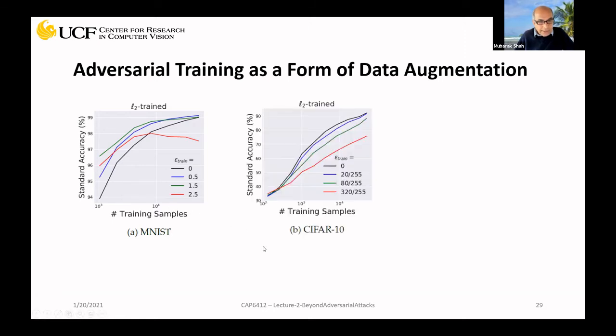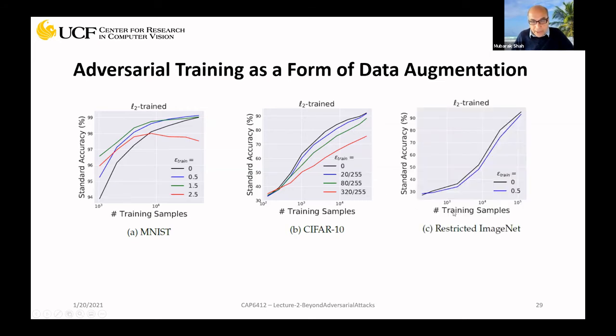This is another example, CIFAR-10. Again, the black one is the standard classifier, and these other ones are the robust classifiers with these different perturbations. Here, the robust classifiers actually are not better than the standard classifier.